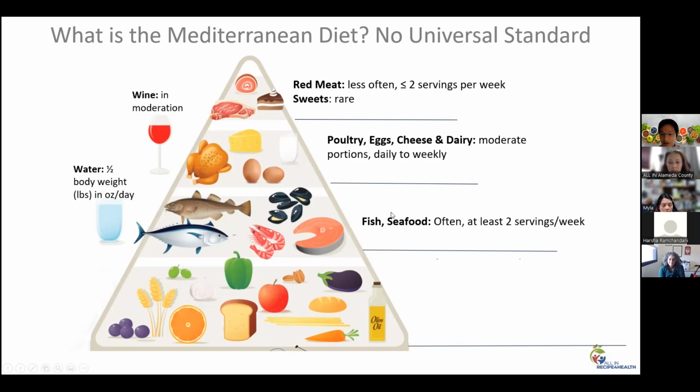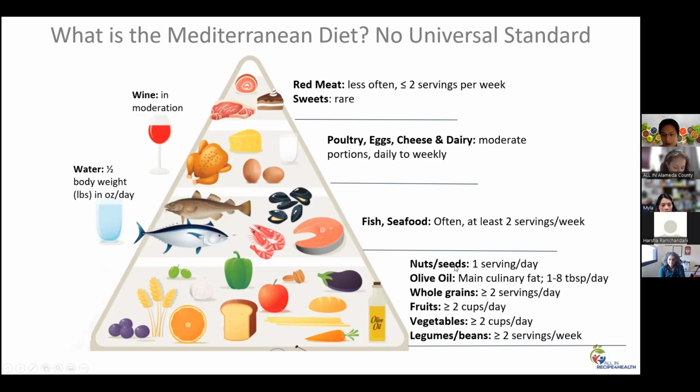More emphasis on fish and seafood, a little more than DASH probably. And then a bunch of assortments of veggies, nuts, seeds, fruit, all this kind of plant-based stuff with some healthy, unsaturated oils.